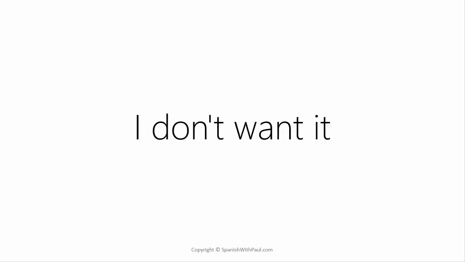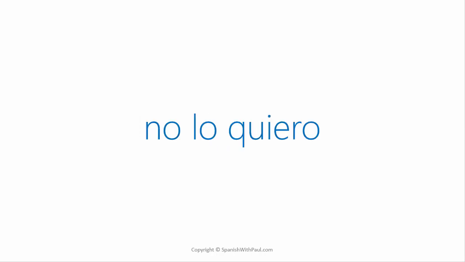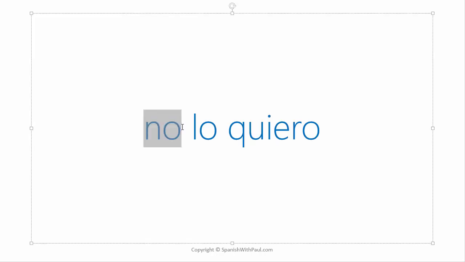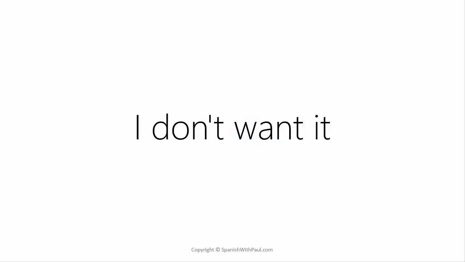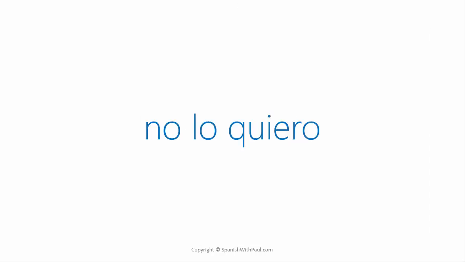To say I don't want it, it would be no lo quiero. So we have no, lo quiero. No lo quiero. Say it now for yourself. I don't want it. No lo quiero.